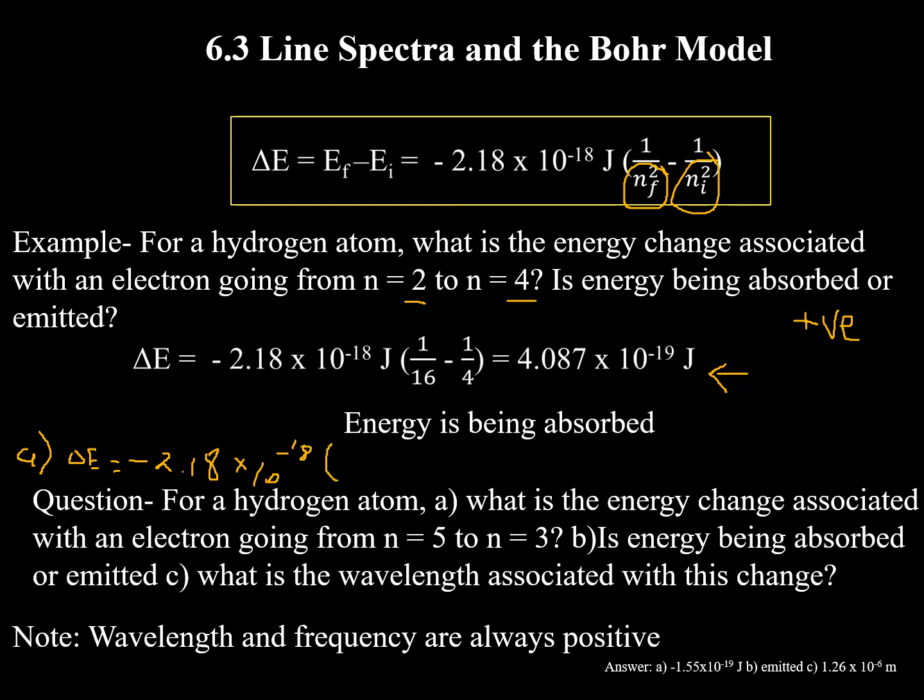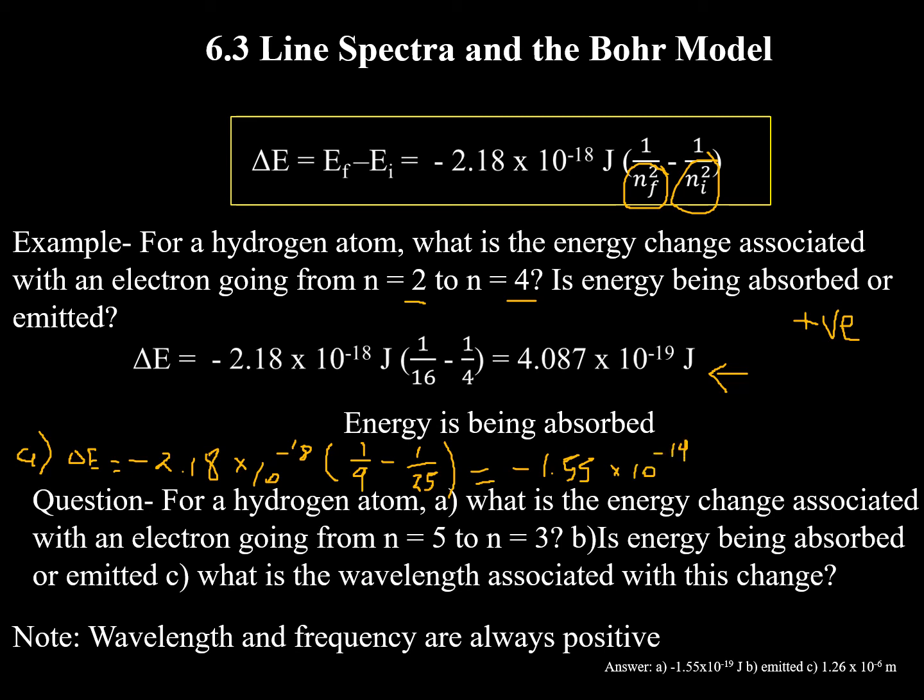So 1 over 9 in this case, because 3 squared, minus 1 over 25. 25 is 5 squared. When you do the math, this comes out to negative 1.55 times 10 to the minus 19 joules.